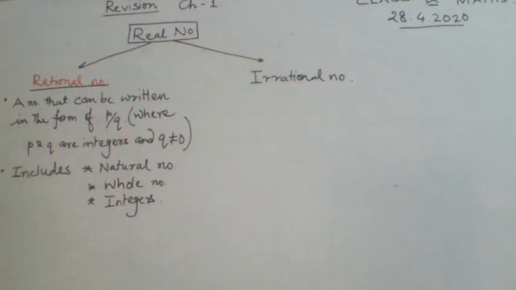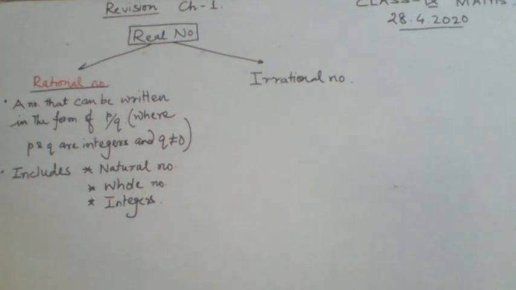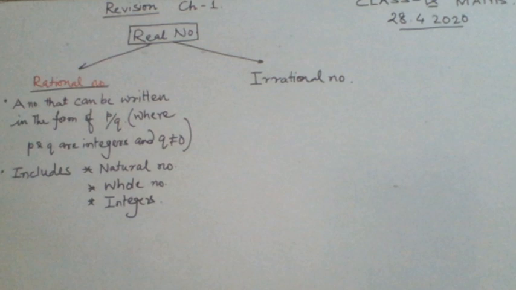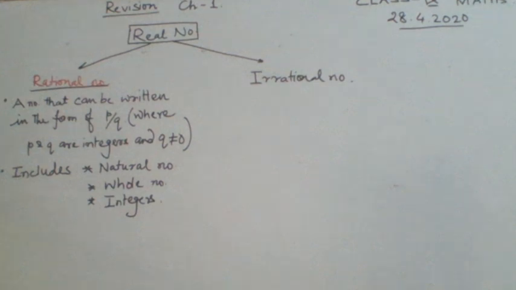Natural numbers are the counting numbers. From the very beginning, when you started studying maths, whenever you were asked to count something, you counted 1, 2, 3, 4. That comes naturally when you count. These are called natural numbers.